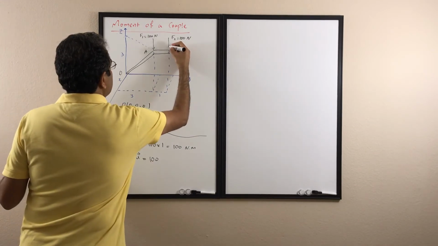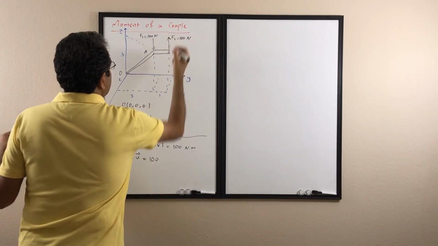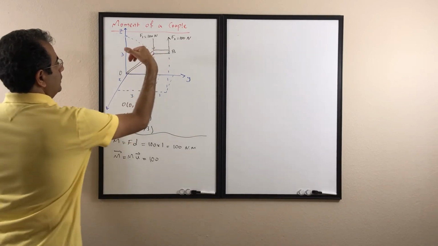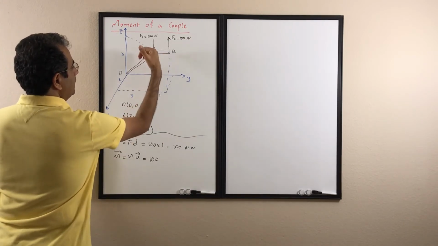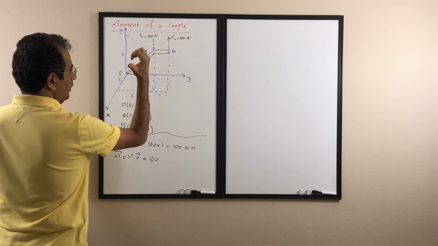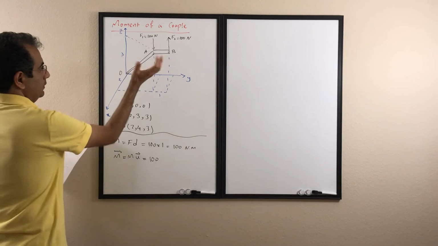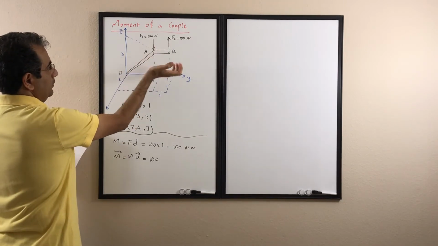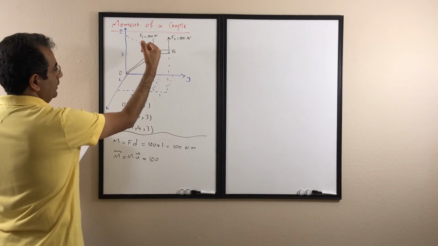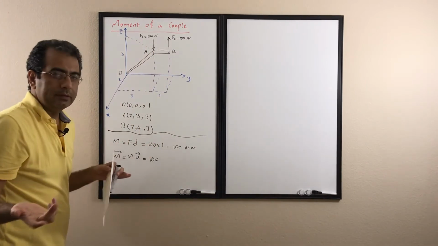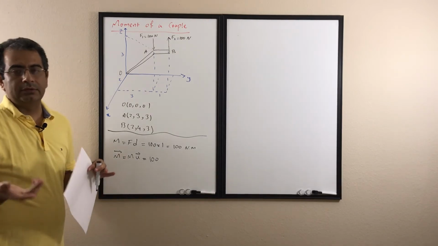If you look at how F1 and F2 rotate the object, my finger is going toward the outside of the board, toward X. So the vector of the moment is going to be outside the board along the positive X. The unit vector along the X is just i.